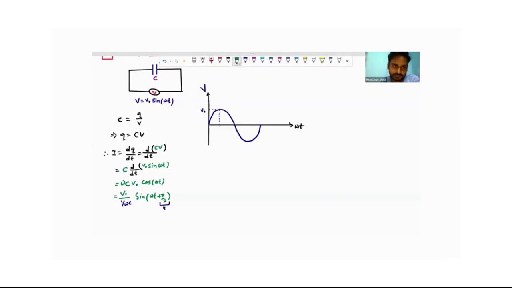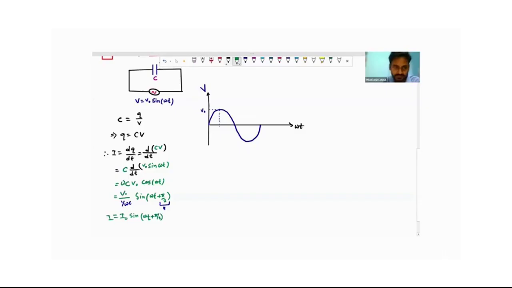Now we will plot what? Current. Current is what? We can write it as I equals I naught sine omega t plus pi by 2.